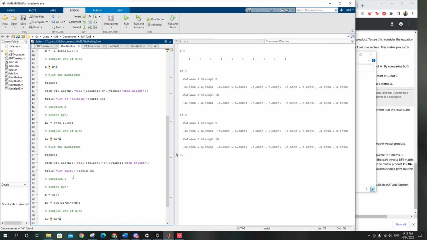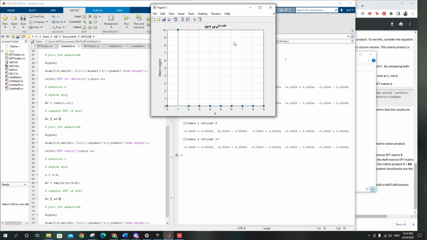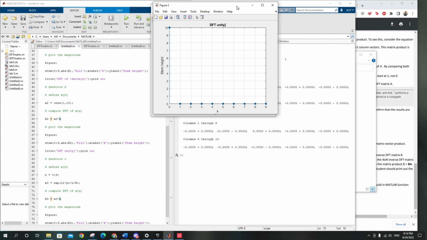Aside from that, on the magnitude plot, the amplitude of the DFT is equal to 1 at k equal to 0, whereas the others are equal to 0. So this is the unity graph.